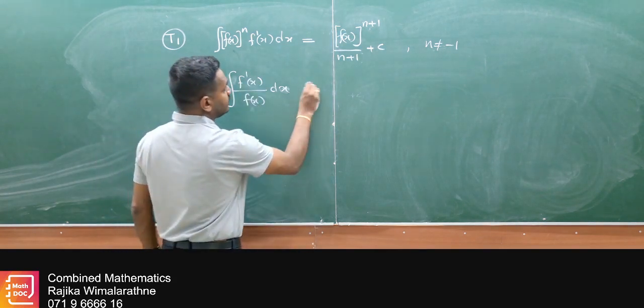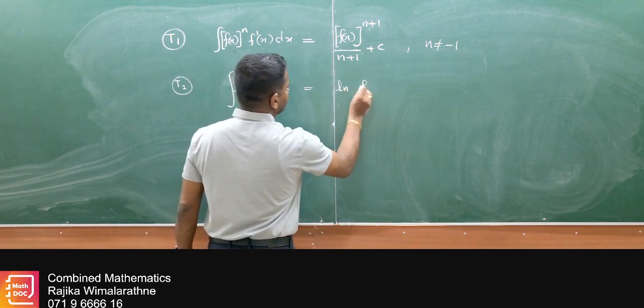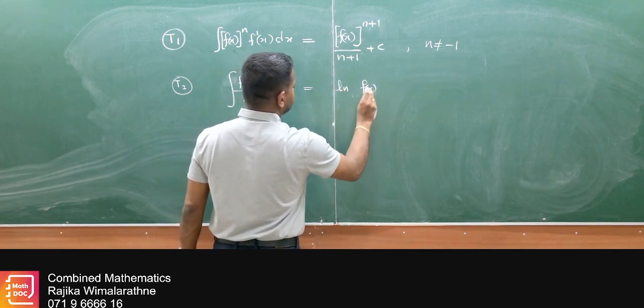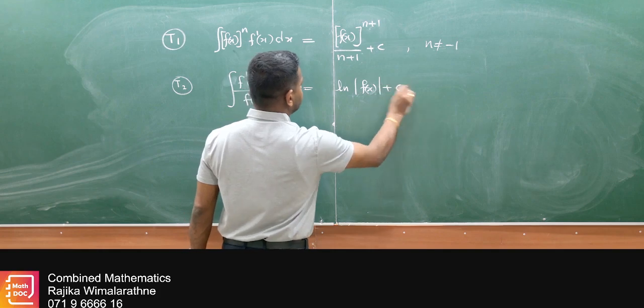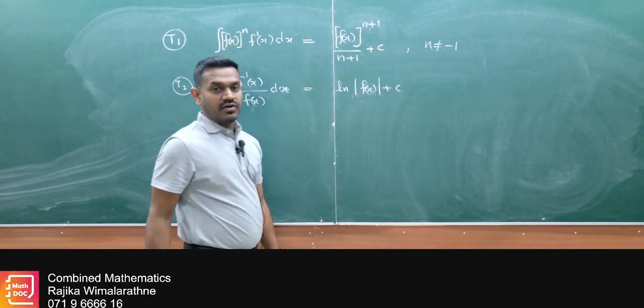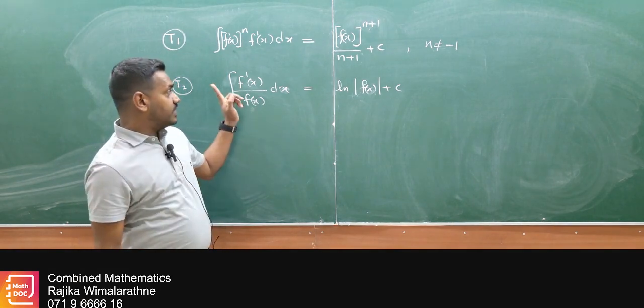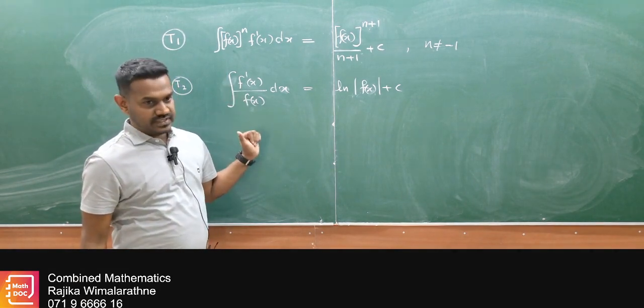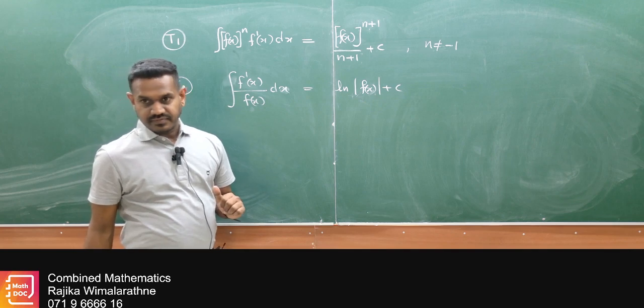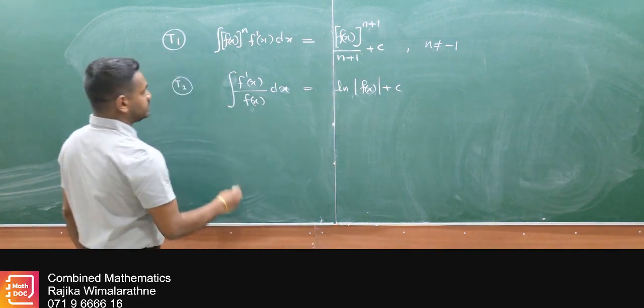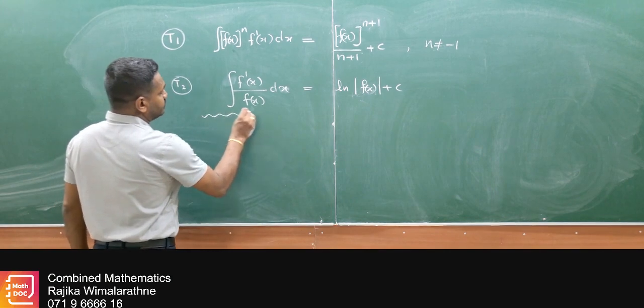Then you write ln modulus f(x) plus c. So it is like 1 over x integral being ln. But here we have f dash x divided by f(x). Okay? See this? I'm going to do the proof.